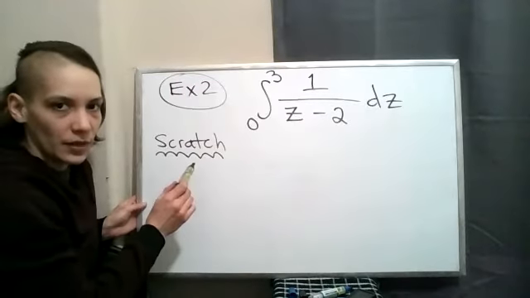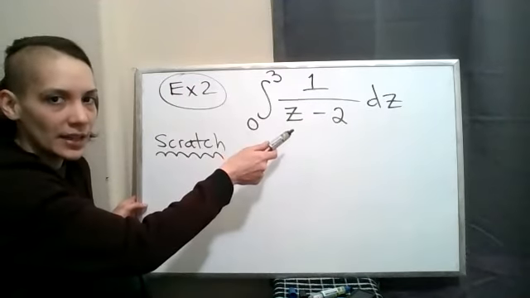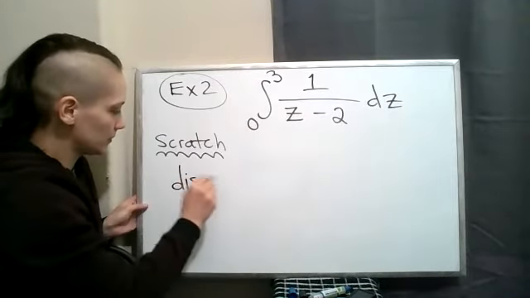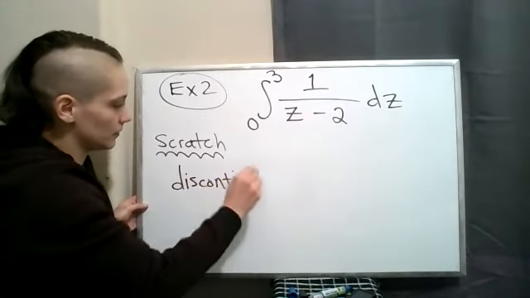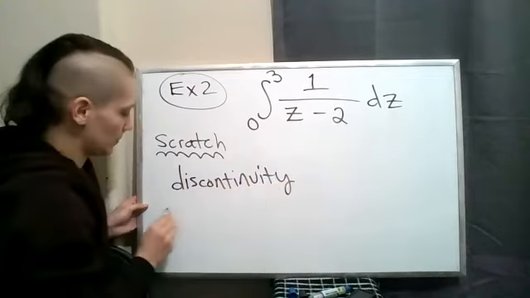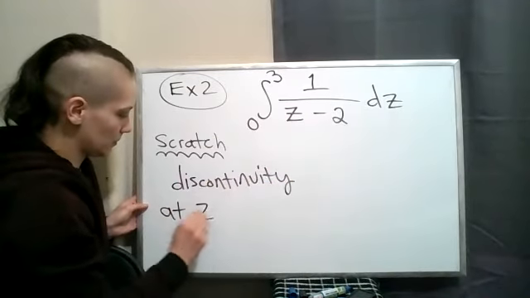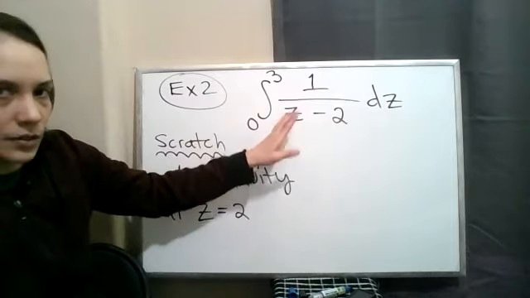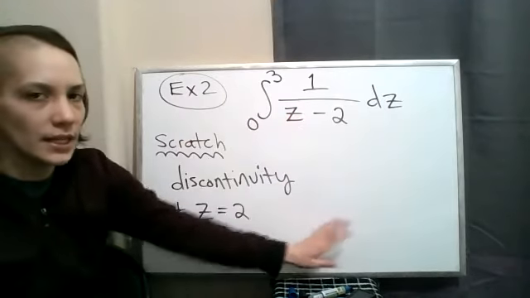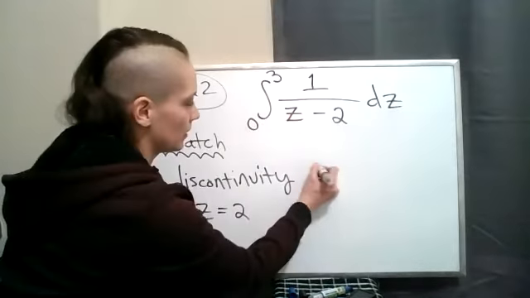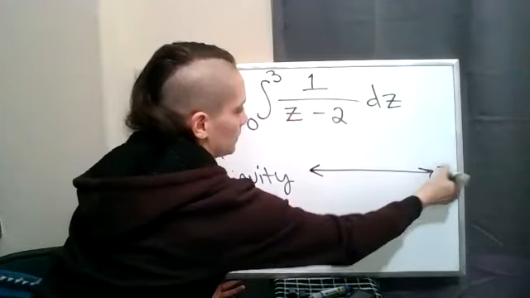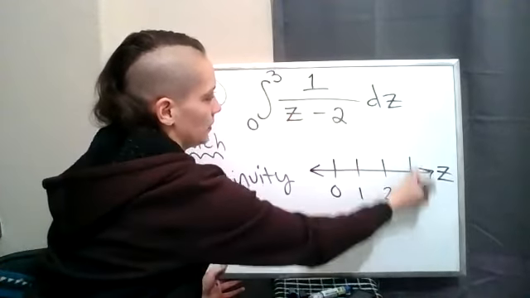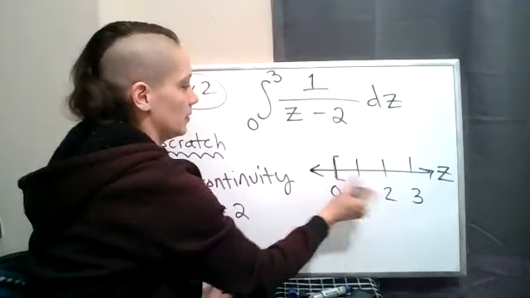Okay, so first of all, there's a discontinuity at z equals 2. The function is undefined at that number, so we're going to draw a number line for z values: 0, 1, 2, 3, going from 0 to 3.